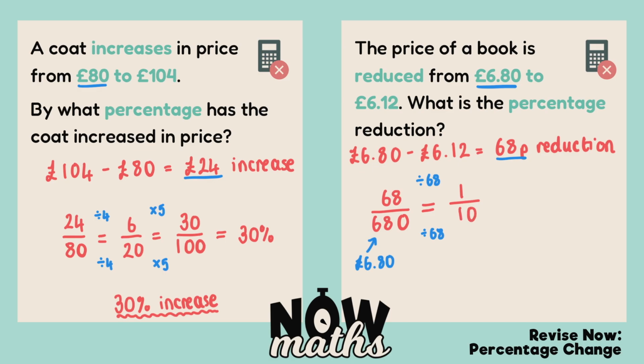So we have a tenth. Now 10 does go into 100, and 10 multiplied by 10 is 100. So let's multiply both numerator and denominator by 10, which gives us 10 over 100, or 10%. And this tells us that the book has been reduced by 10%.